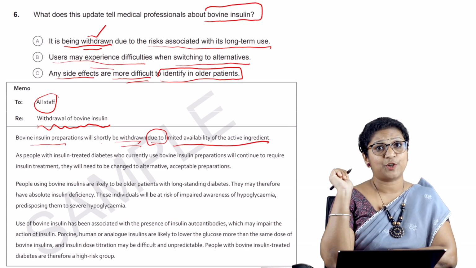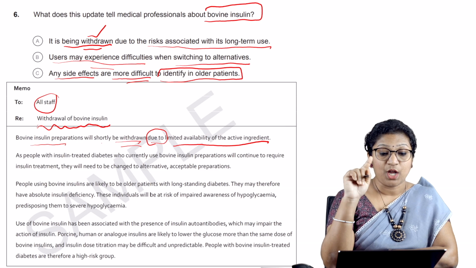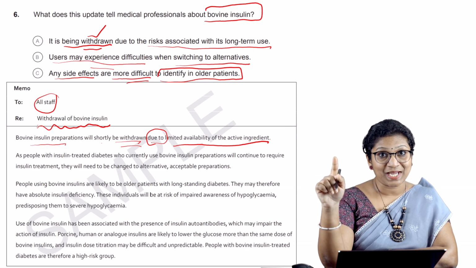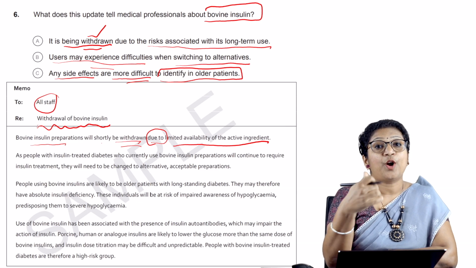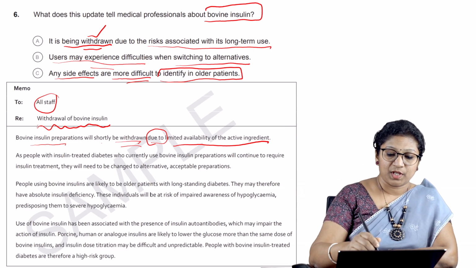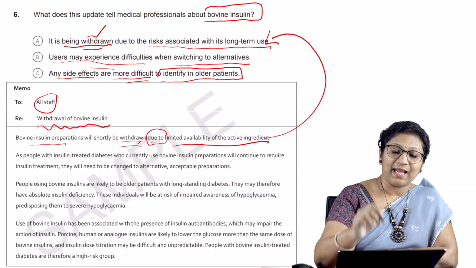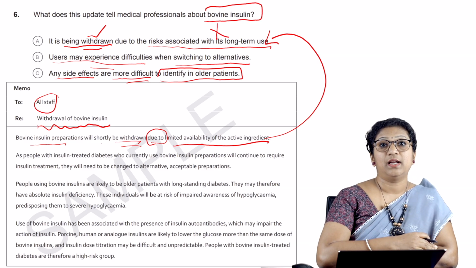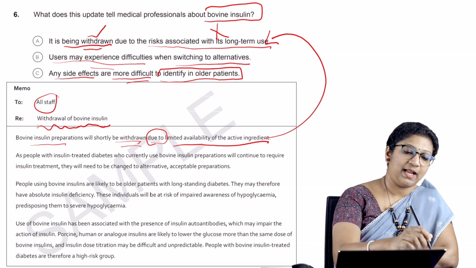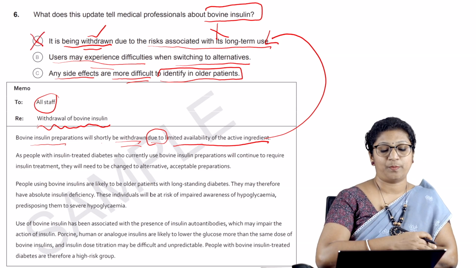So yes, it's being withdrawn, but the reason mentioned here is not risks, but that certain active ingredients are no longer available. So option A is a contradiction. It does not say anything about long-term risks. So we can eliminate option A.